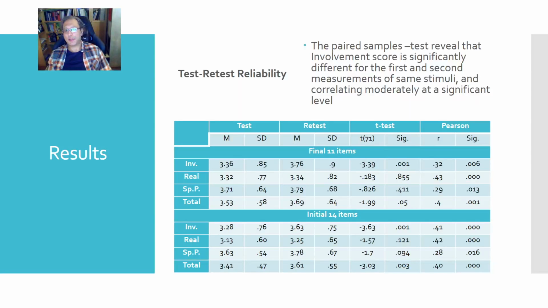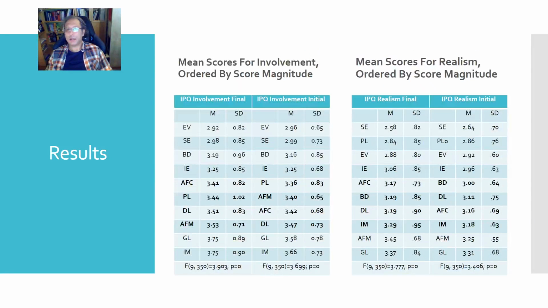There is a significant difference between the first and second measurement of involvement. We think that is interesting, and we cannot explain it, because it's the second time they are playing the same game, but it looks like they got more involved. That is an interesting result, and based on our data we cannot explain it.